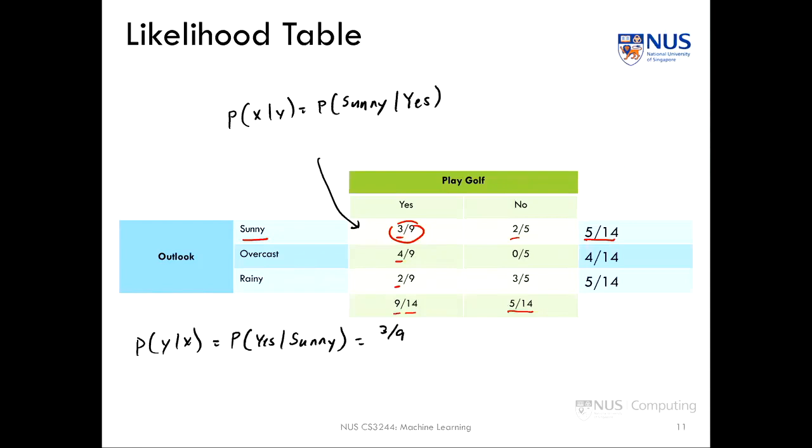The second probability that we'll need is the unconditional probability that we actually play golf.